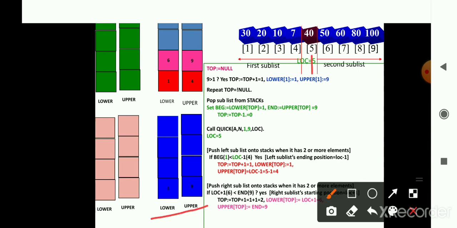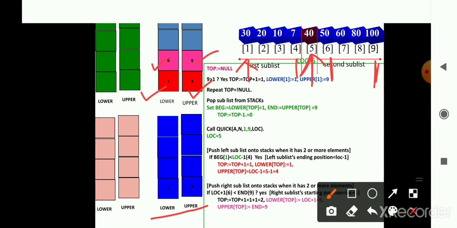After getting the pivot at the location 5, we will have two sublists. The first sublist has lower value 1 and upper value 4. And the second sublist has lower value 6 and upper value 9 here.